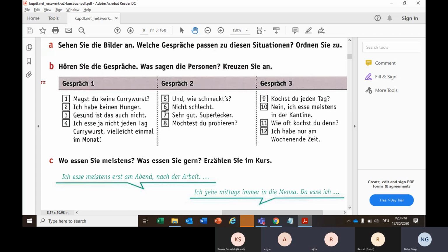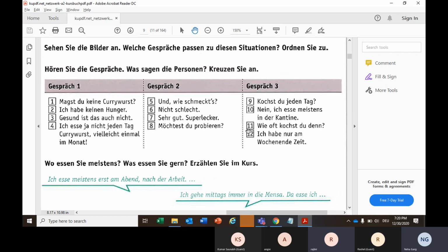Saurabh, what is your answer? Okay, so Nummer fünf, sieben und acht. All three dialogues were there. Rajveer, fifth was also there. It was initially in the conversation. Okay, now I'm playing Gespräch Nummer 3 and then we'll discuss.